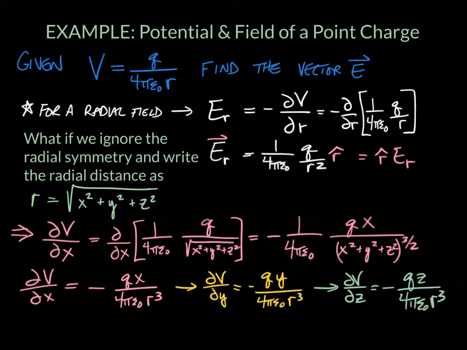So we have an inverse cube-ish sort of thing. All right, so ignoring the radial symmetry and going Pythagorean on it leads us to some interesting partial derivatives of the potential field in XYZ directions, which all have the same basic structure minus the XYZ part. All right, so what do we do with that? Well, good question. Glad you asked.